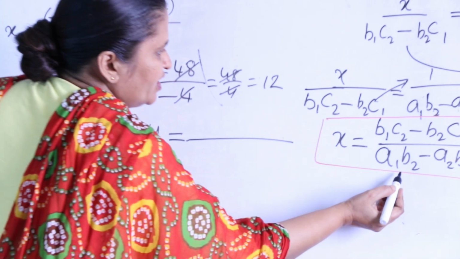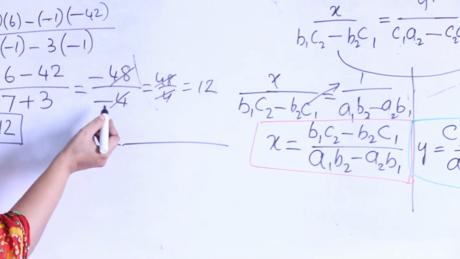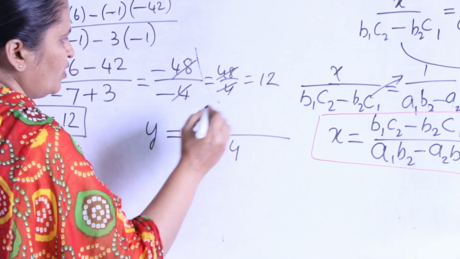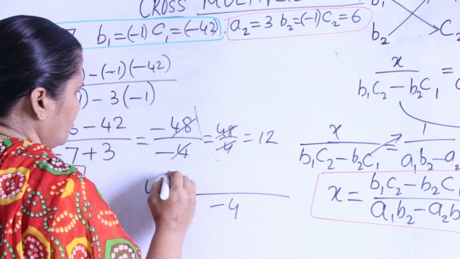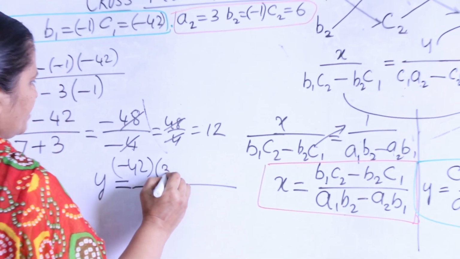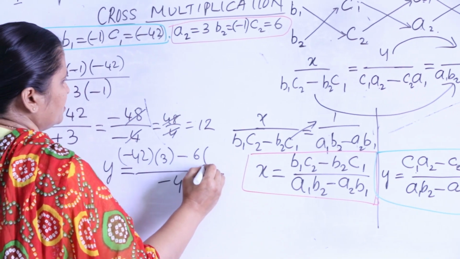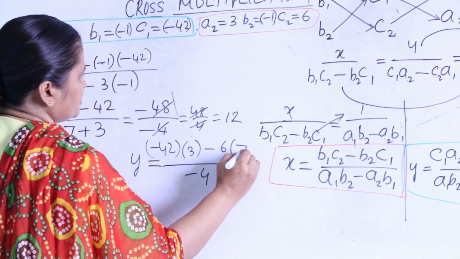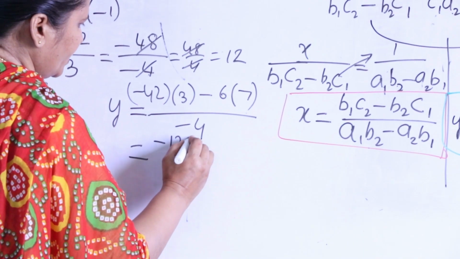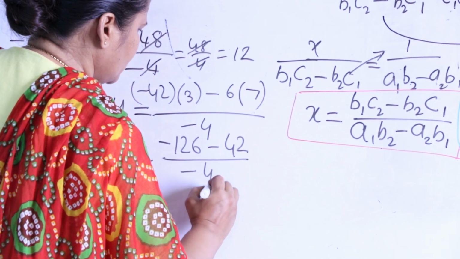The denominator in both variables' formulas is the same, right? So we can write the value we got in the previous step, which is minus 4. Next, what is C1? C1 is minus 42. What is A2? A2 is 3. Minus, what is C2? C2 is 6. What is A1? A1 is 7. Divided by this one: minus 126 minus 42 divided by minus 4.